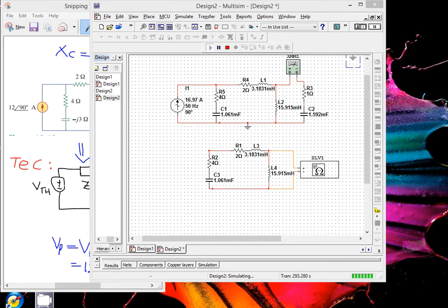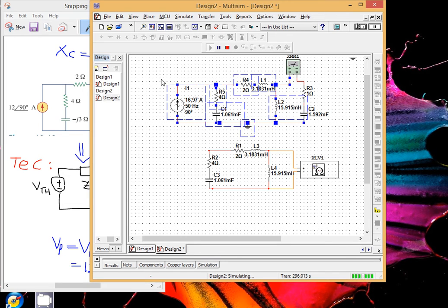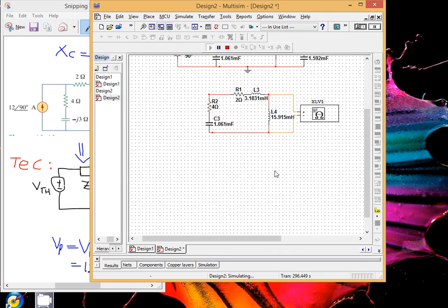So next step is to measure your VTH across this inductor load. So you can just copy this and paste down here.